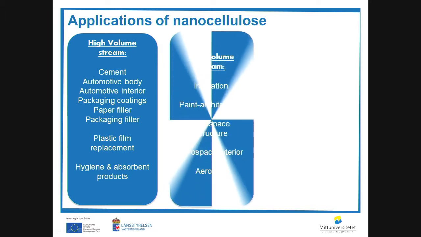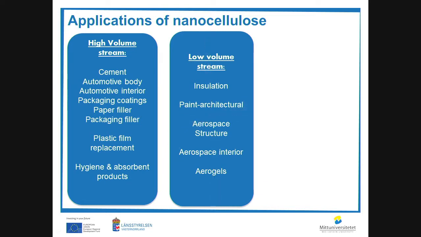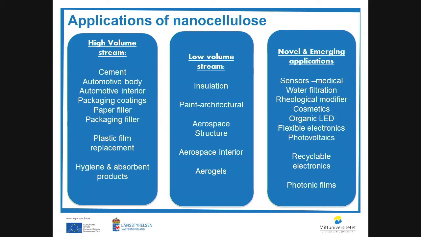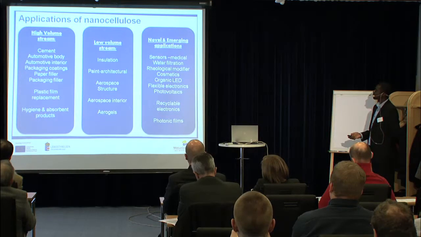We can also use this in low volume streams, and this includes insulation material, paint, architecture, and also aerospace and aerogel. And the last one, which is more research on novel and emerging materials: we can use it in sensor technology, in water filtration, cosmetics, organic electronics, photovoltaics, and also in photonic films. So there is great potential with nanocellulose.